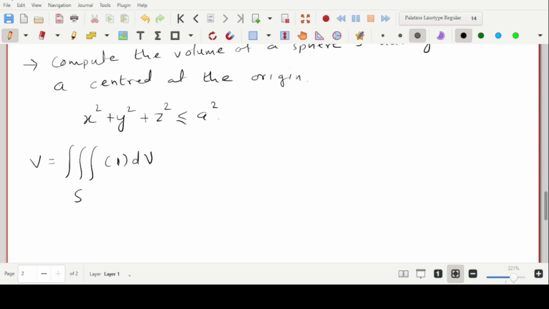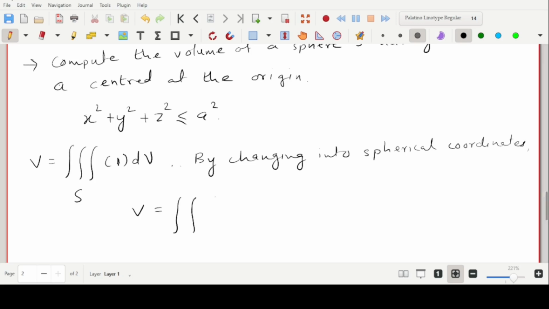But by changing into spherical coordinates, V is equal to the integral of the function 1, which remains as it is, multiplied by the Jacobian, which is r square sine phi, and now this dV, which is here dz dy dx, in the new coordinate system will become d phi d theta dr.